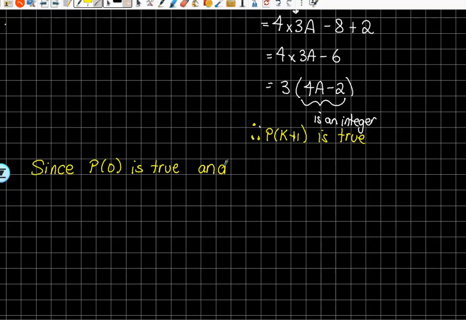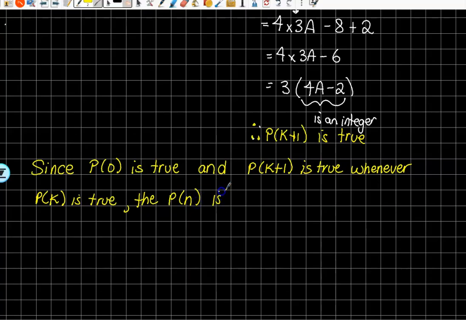So since P of 0 is true, and P of k plus 1 is true whenever P of k is true, then P of n is true for all n greater than or equal to 0.